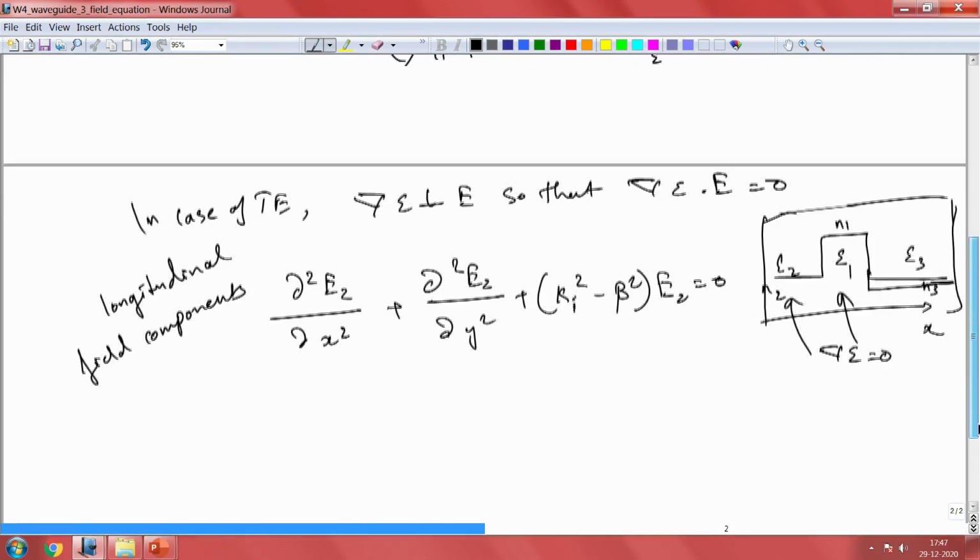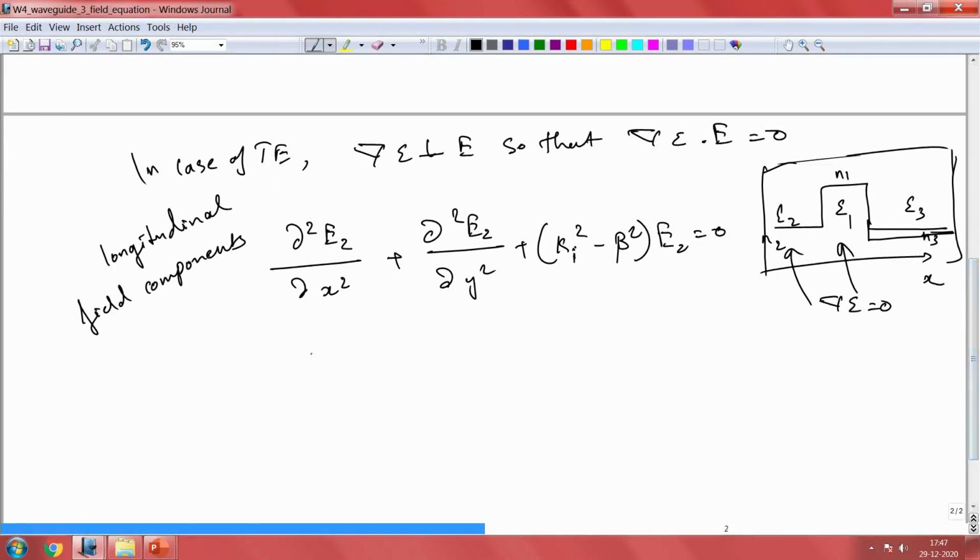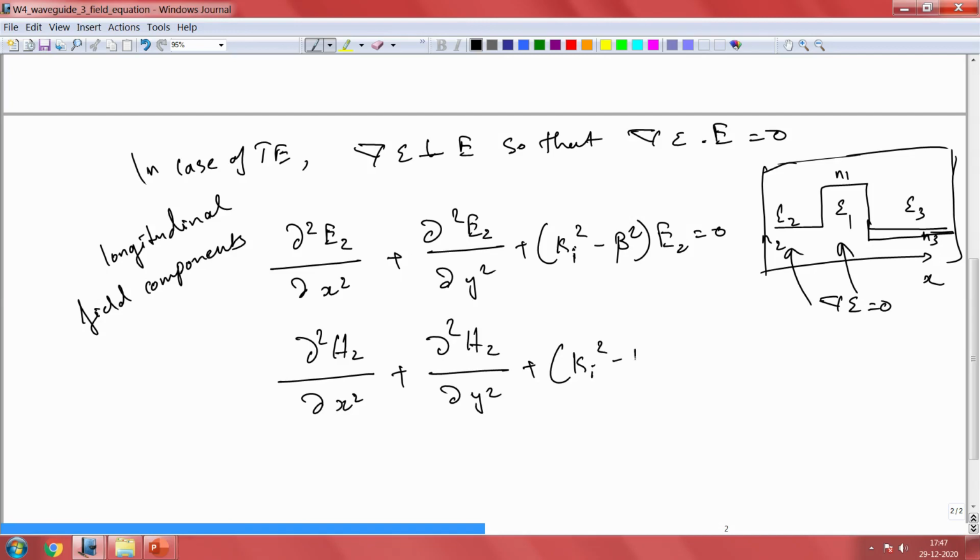Similarly we can do it for the H field as well. So, del squared Hz by del x squared plus del squared Hz by del y squared plus (k_i squared minus beta squared) Hz is equal to 0.